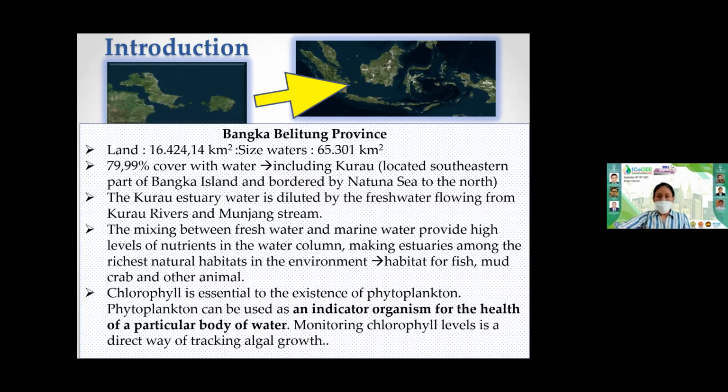Phytoplankton is a small microscopic organism that can be used as an indicator organism for the health of a particular body of water. Monitoring the chlorophyll level is a direct way of tracking algae growth and analyzing the abundance of algae. We can measure the water quality in this area.